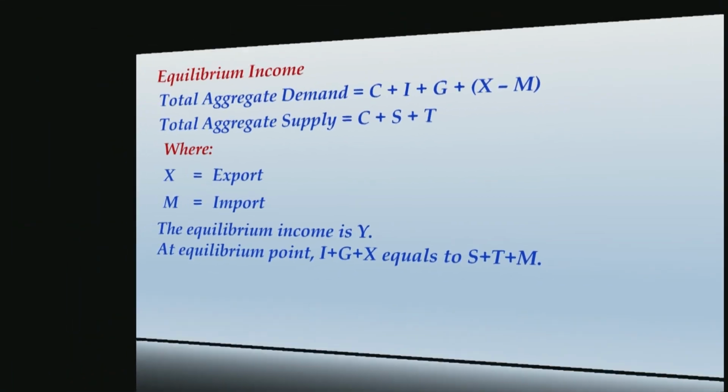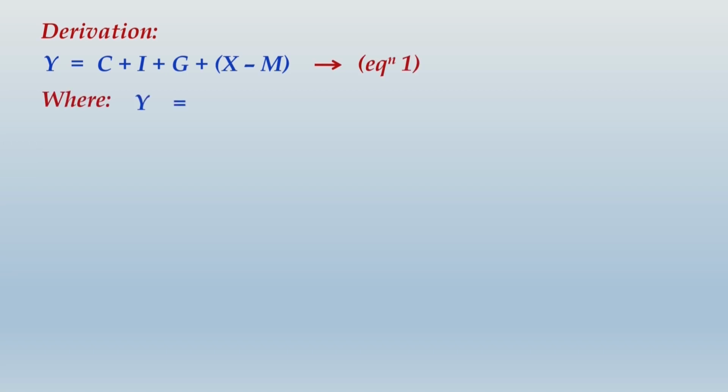Let us move ahead and talk about the derivation of the formula under four sector model. So Y equals to C plus I plus G plus within brackets X minus M. This we are considering as equation number 1. We know the definition of these variables.